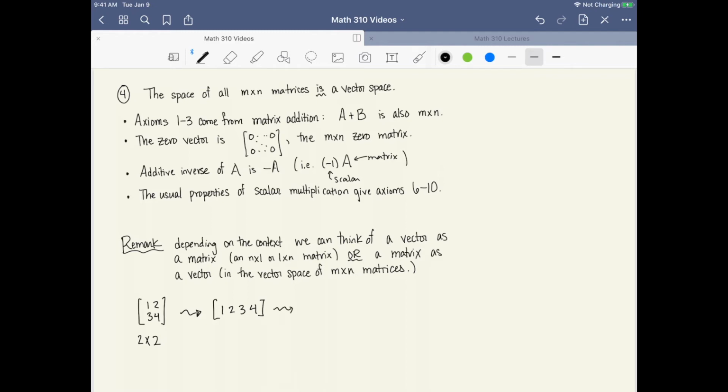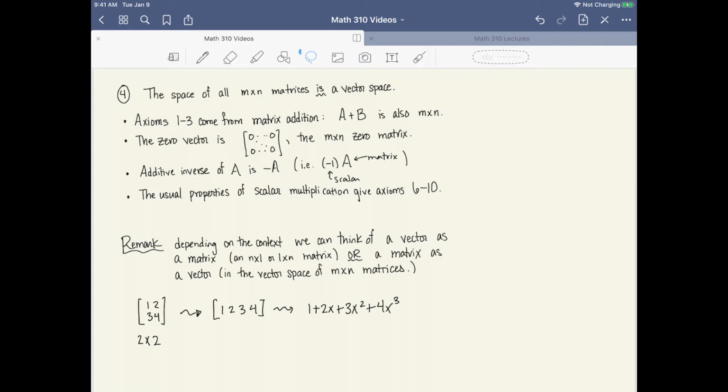I could think of these as the coefficients of a degree 3 polynomial, 1 plus 2x plus 3x squared plus 4x cubed. And I can go backwards with these arrows as well. So this is something for you to ponder, but these examples of vector spaces made out of m by n matrices, polynomials with real coefficients, and your traditional vectors in Rn are not really all that different.